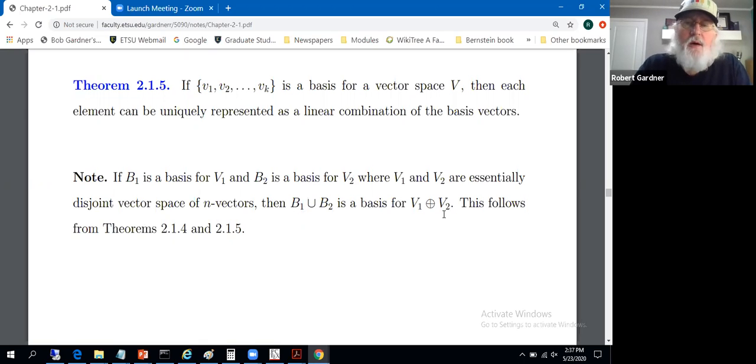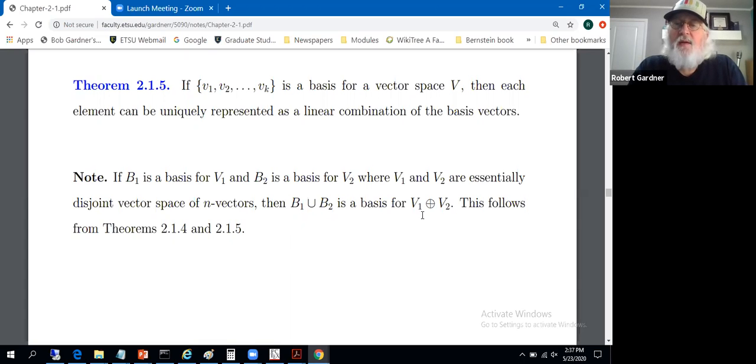All right, why is that? Basis is a linearly independent spanning set. Well, B1 spans vector space V1, B2 spans vector space V2 because these were bases. Also, we've got linear independence within the B1s and within the B2s.